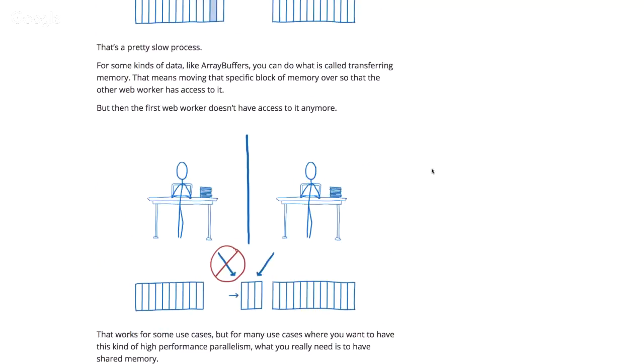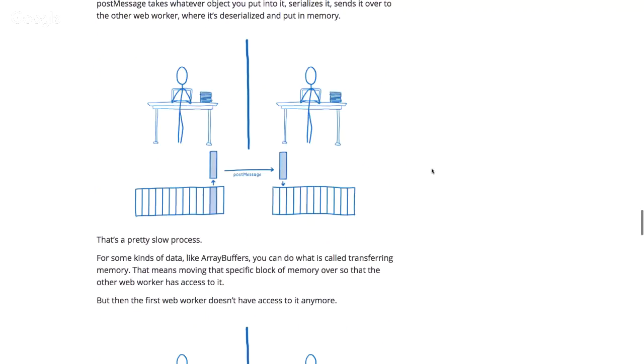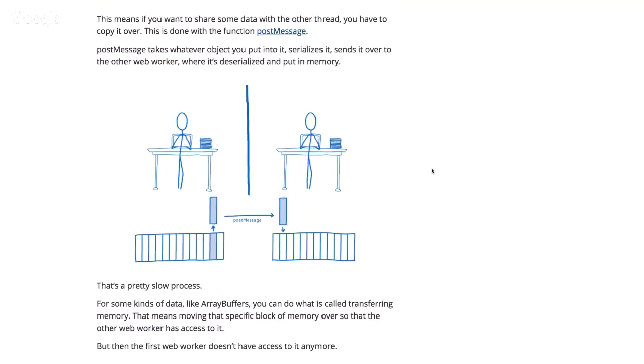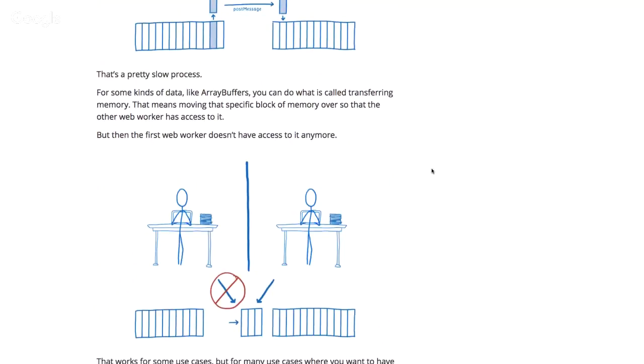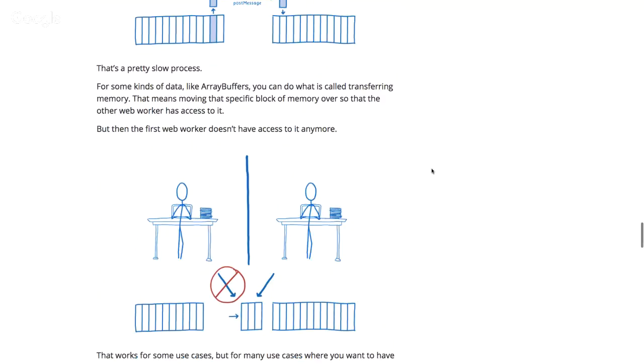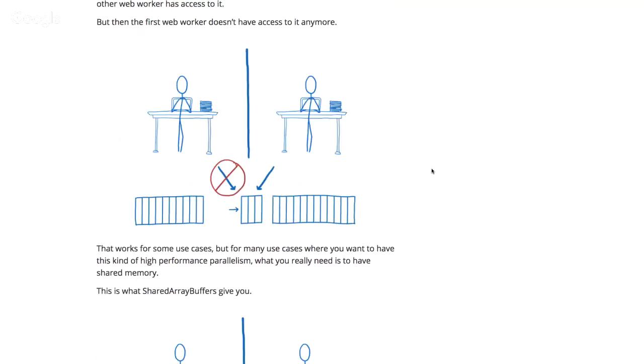One way to get around this problem is using array buffers. Using array buffers, you can say, this chunk of memory, I would like to share between web worker 1 and web worker 2. The only downside is whatever you share can no longer be used by whoever is sharing it.